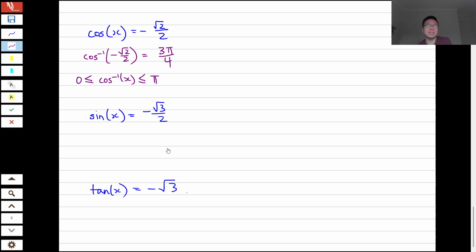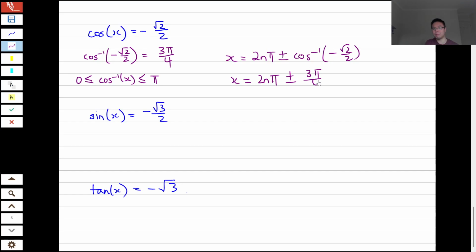So notice I didn't write down negative pi on 4, because by definition, inverse cosine is between 0 and pi. Now, the solution is x equals 2n pi plus or minus the inverse cosine of negative root 2 on 2. So x equals 2n pi plus or minus 3 pi on 4.